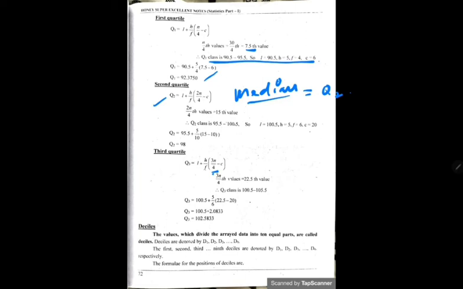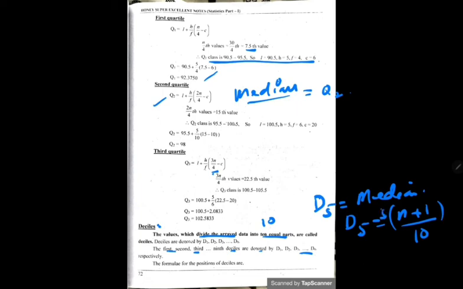Deciles divide the arrayed data into 10 equal parts. This is similar to quartiles, just instead of n by 4 we write n by 10, with first, second, third, fourth up to ninth deciles.